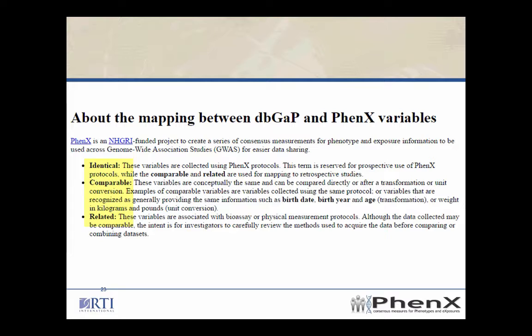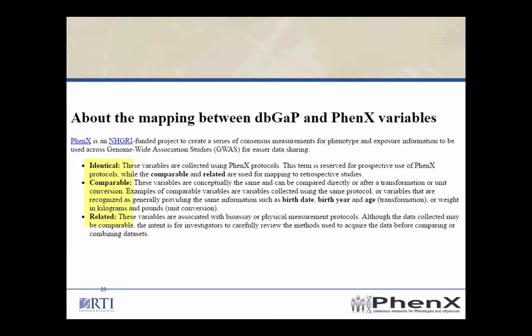This result includes curated high quality linkages, so not all related variables may be identified here. Also, both PhenX and dbGaP continue to grow, so in our plan we have included routine updates.